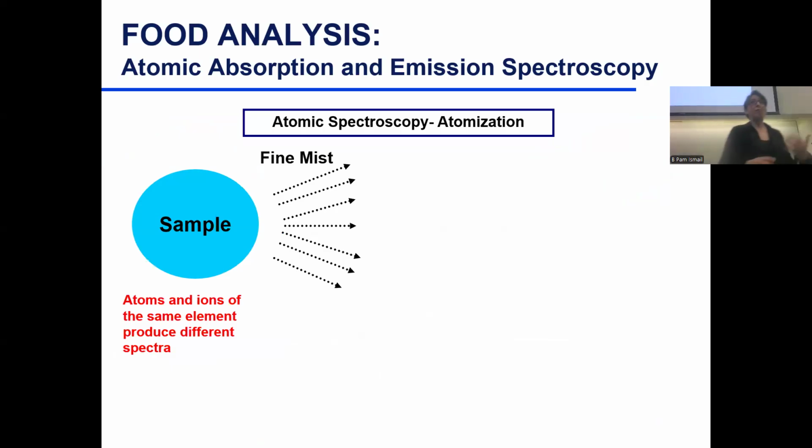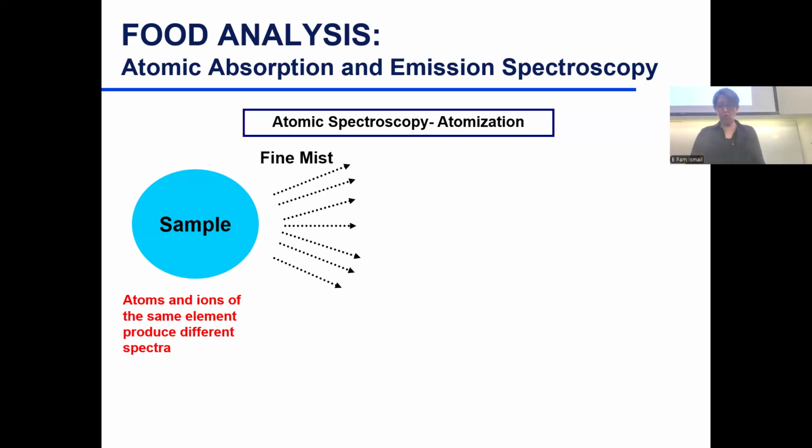Either you burn it off in a muffle furnace at very high temperature, or you use really highly concentrated corrosive acid where you digest and oxidize all of the organic matter. What remains in the sample is your inorganic matter that has your minerals, not vitamins. Don't confuse minerals and vitamins. Inorganic matter will have your minerals.